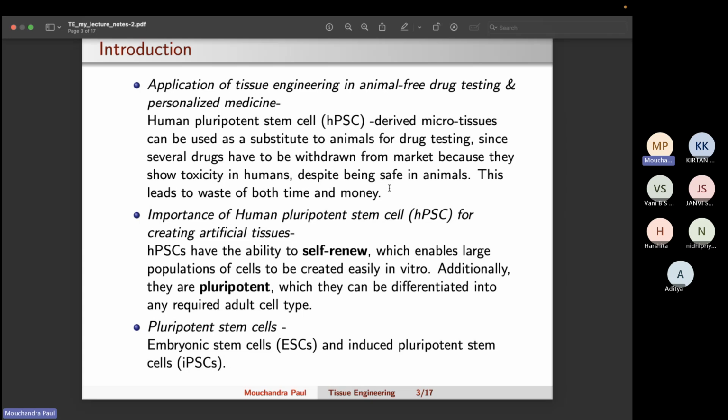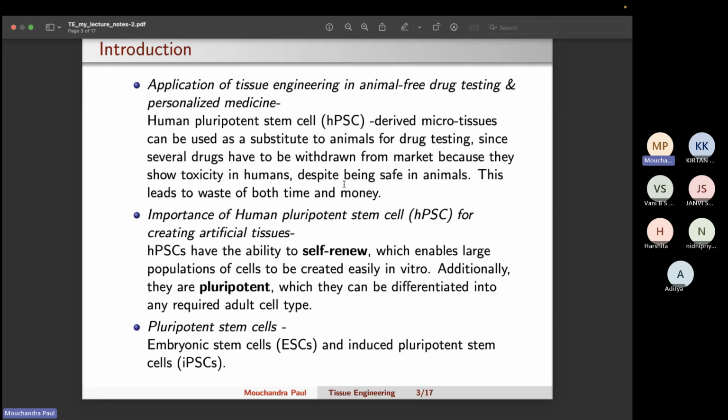Another reason why we need an alternative is that many drugs come into the market after preclinical trials and clinical trials. These drugs are safe when they are tested on animals. But when they are used by a large number of humans, they often show toxicity.